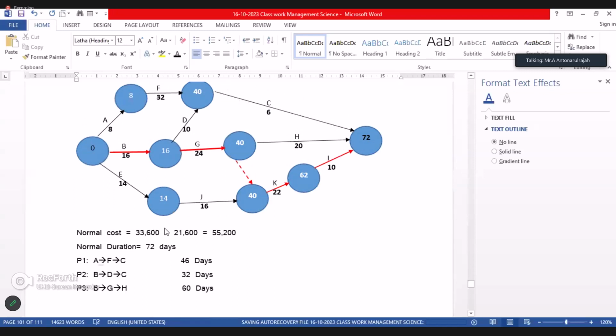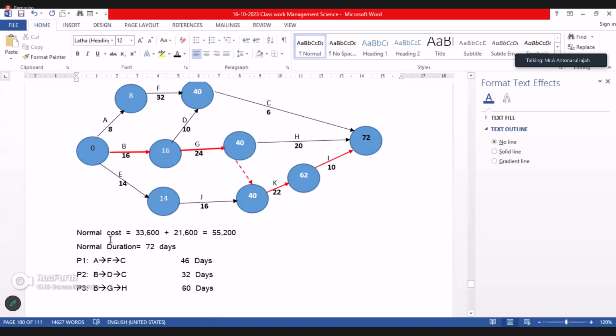Okay, so the normal duration is 72 days. Here 14 plus 16 plus 22 plus 10, 62 days, right? So these are the paths.